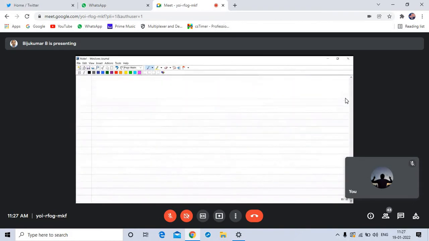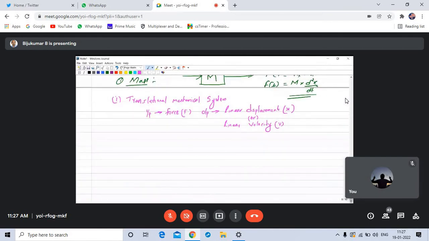And one more system we have. It is the rotational mechanical system, right? In a rotational mechanical system, input is torque and output will be angular displacement, right?